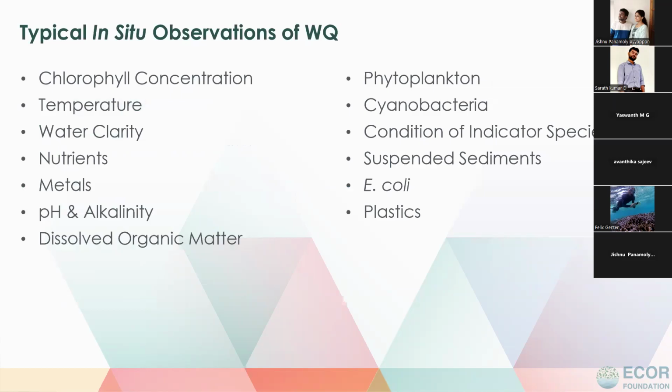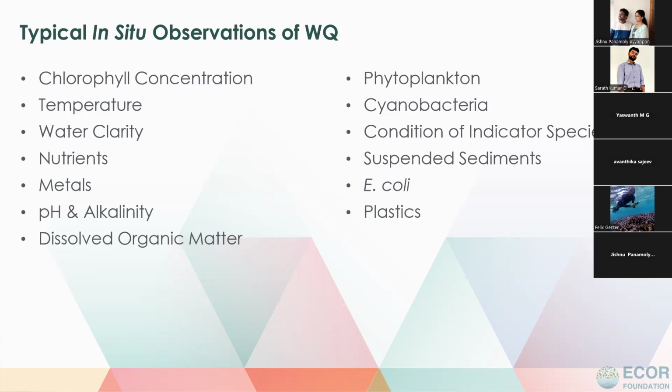Traditionally, water quality monitoring requires collecting physical samples. Researchers visit the site and measure things like chlorophyll, pH, temperature, clarity, turbidity, dissolved organic matter, sediments, bacteria, and so on. These methods are accurate, but they are limited by cost.